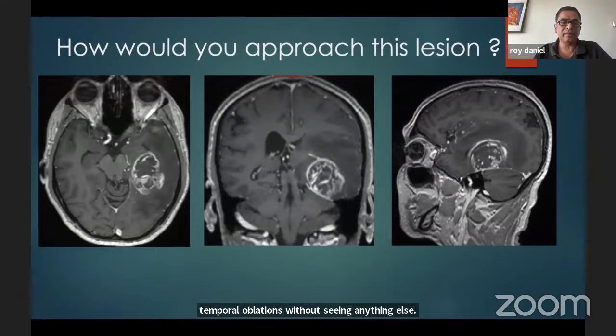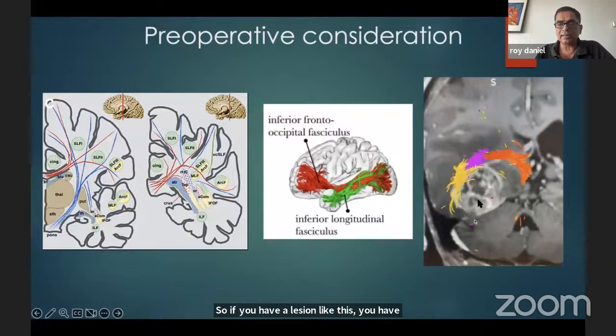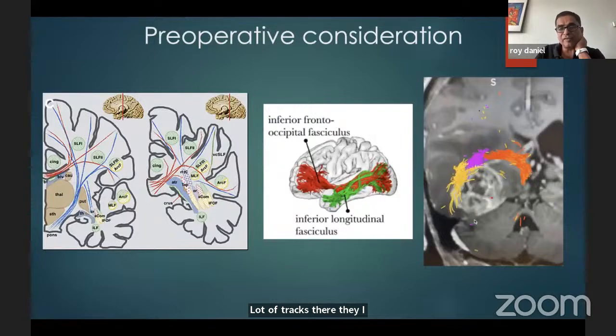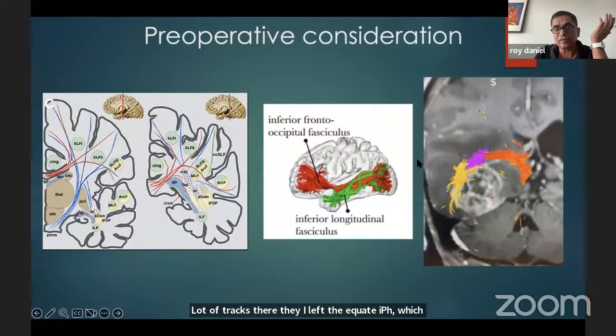If you have a lesion like this, you have to imagine that this tumor is an archipallial tumor, which is now covered by a neocortex, and therefore you have a lot of tracts there. The ILF, arcuate, IFOF are covering the tumor here, and classical approaches involve cutting the neocortex and one of these tracts to reach it.